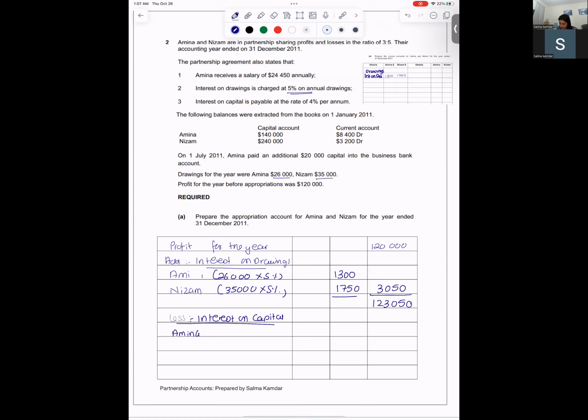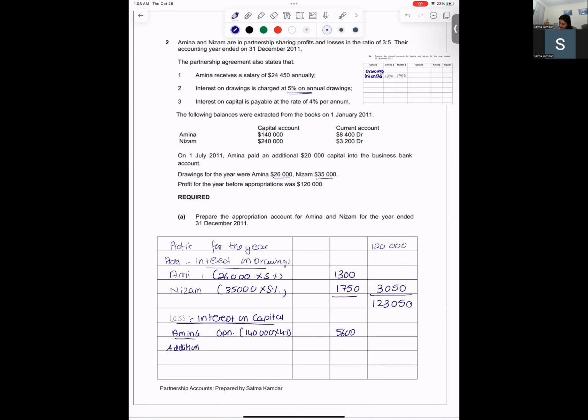Amina has two capitals: one is the opening capital and one is the additional capital. Opening capital is 140,000 into 4%, so it is 5,600.